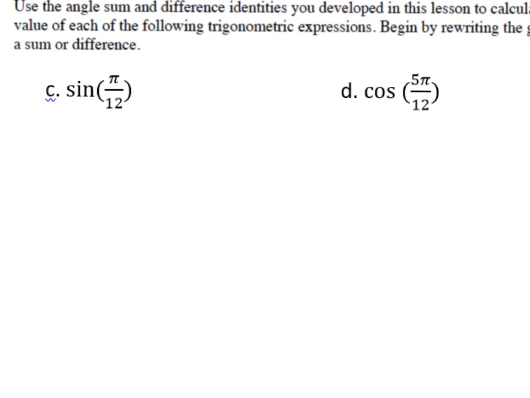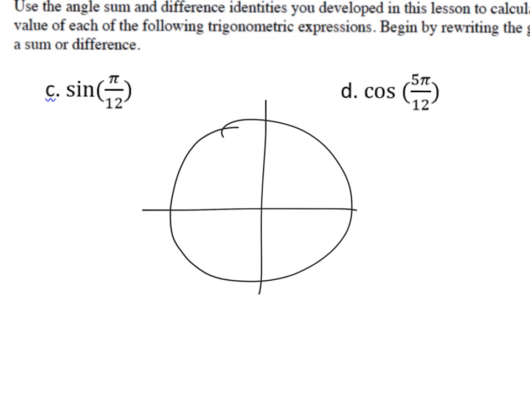Here is our unit circle. And on our unit circle, you know that you've got this angle right here. We're going to call that pi over 6, and pi over 6 is the square root of 3 over 2, comma, 1/2.